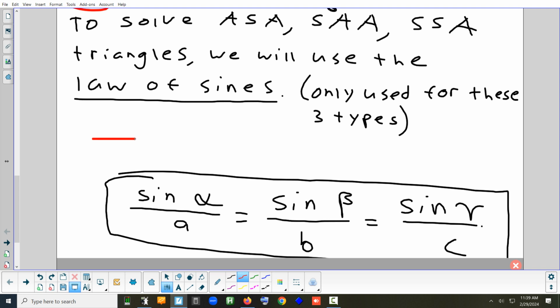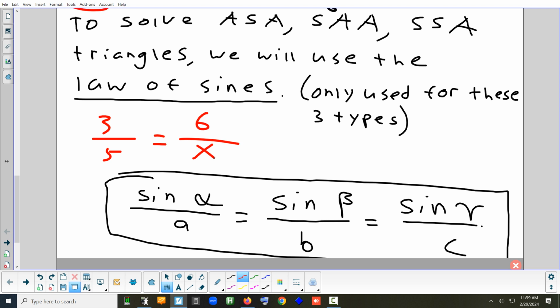What ends up happening is when you use two parts, you create a proportion. Three out of four of the spots in the proportion are going to be numbers. You're going to solve for the one thing that's not a number. How do you solve a proportion? Cross multiplication. Yep.